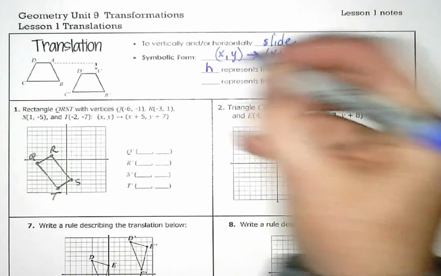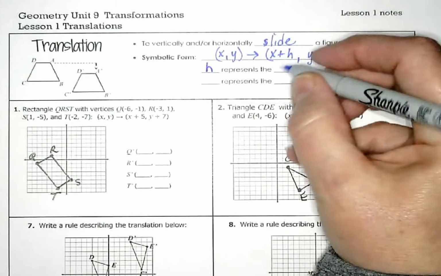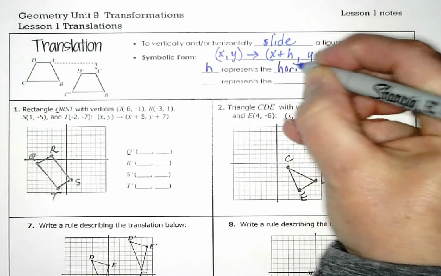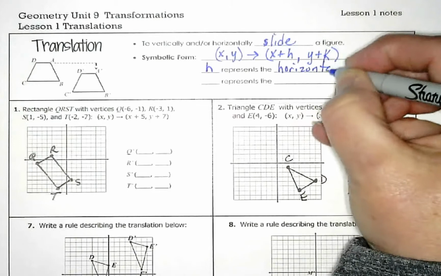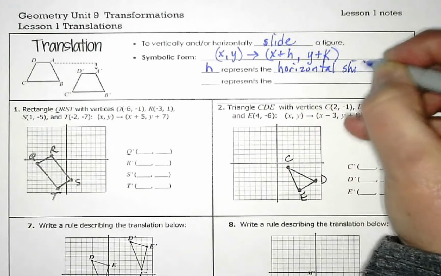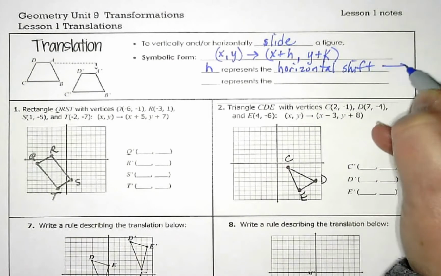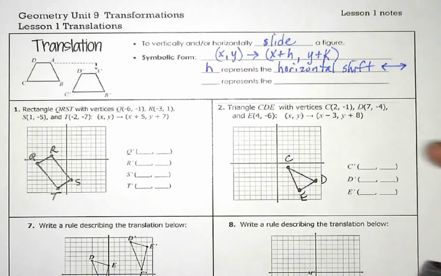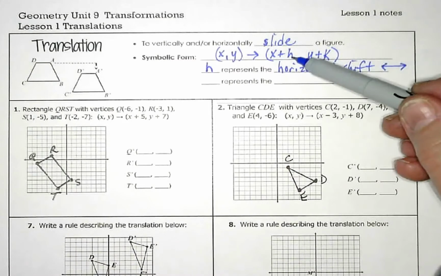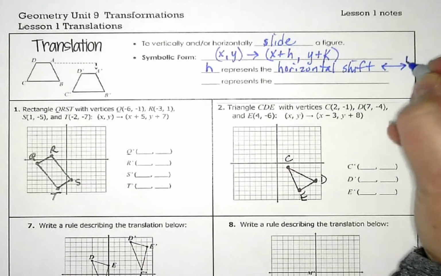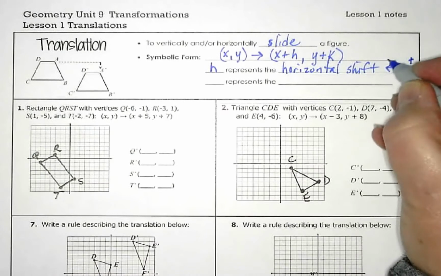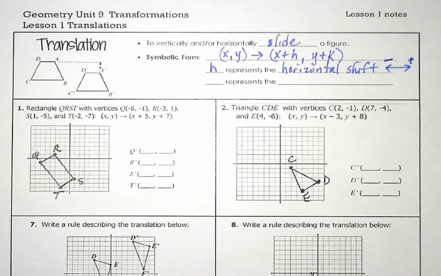The h, which is going along with the x here, represents a horizontal shift. That shift means going left or right. So whatever this number tells me, left or right. If it's going right, it'll say a plus. If it's going left, it'll say a minus.